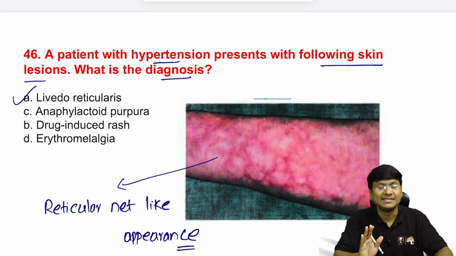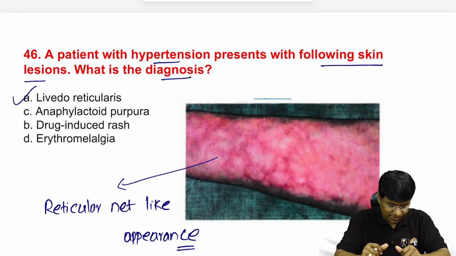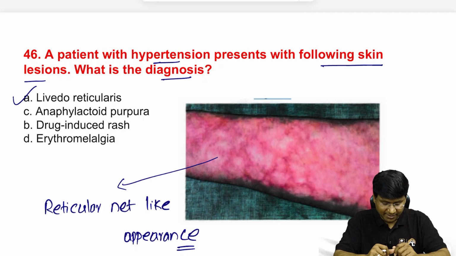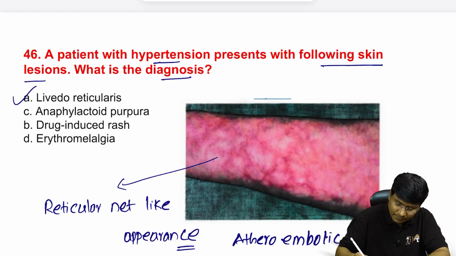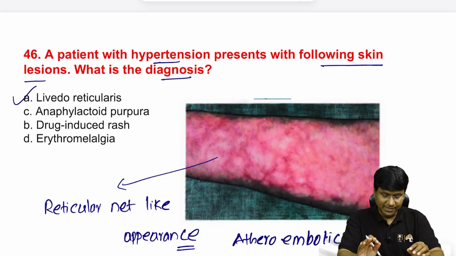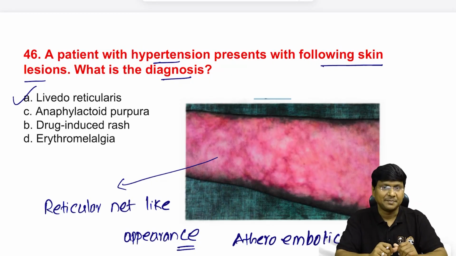You see that in livedo reticularis. Livedo reticularis can develop in patients with atheroembolic diseases, where you will have the reticular net-like appearance.